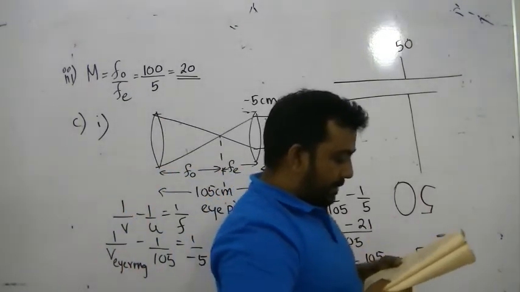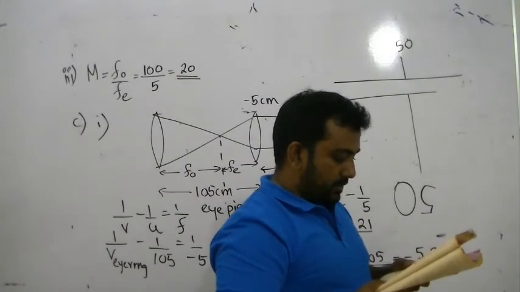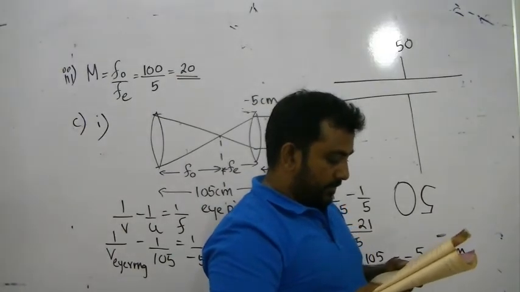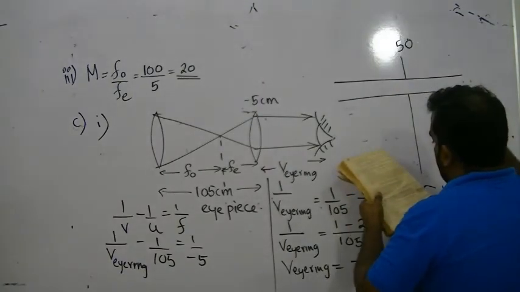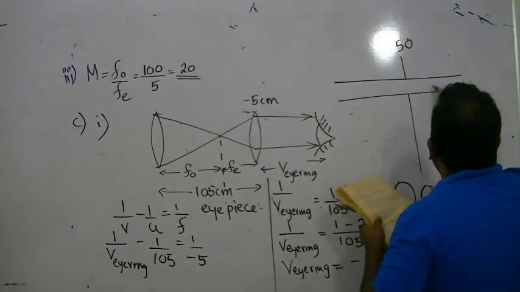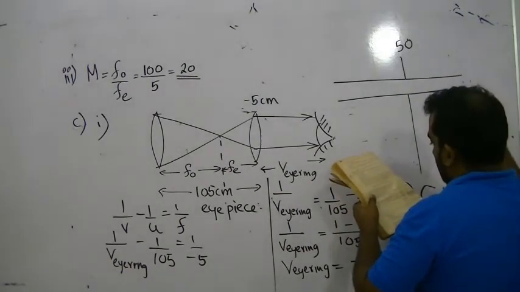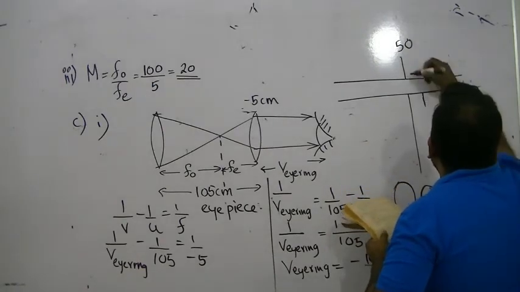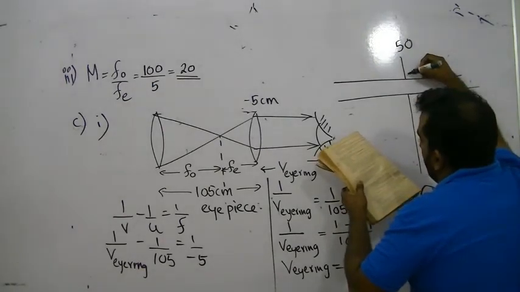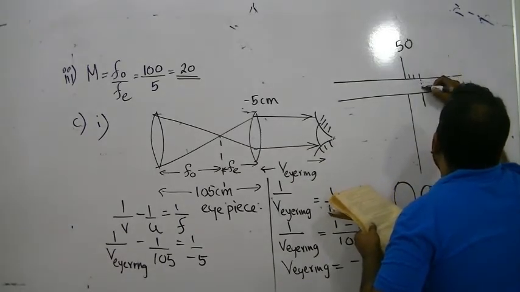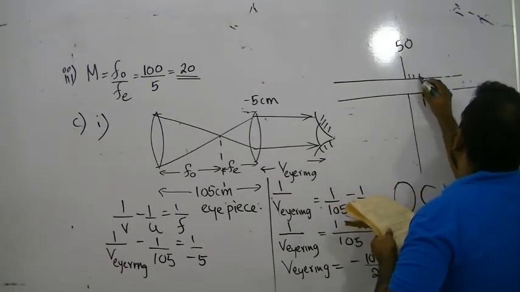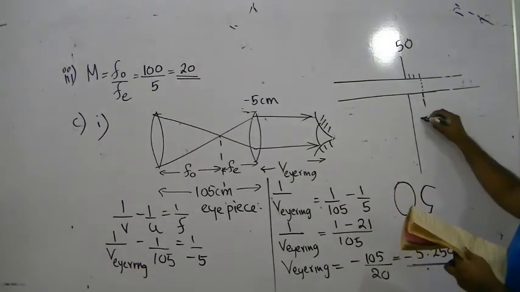What is the linear magnification of the image? It's bigger. How will you do this? I think you have noticed how I do this. In one division, how many small divisions are there? As I can see, in one division, 3 small divisions are there.